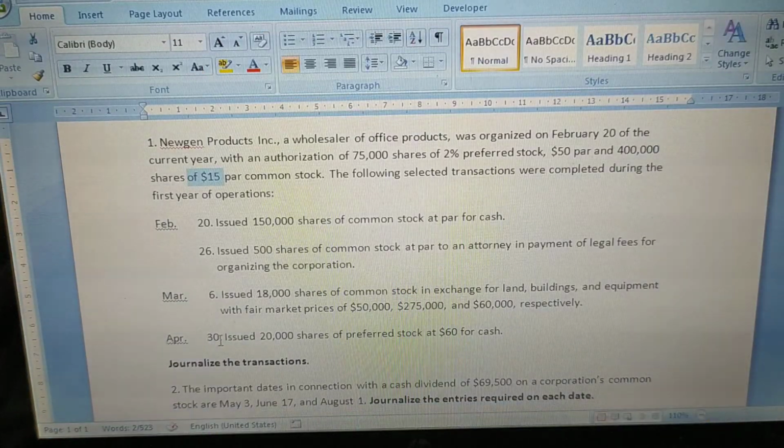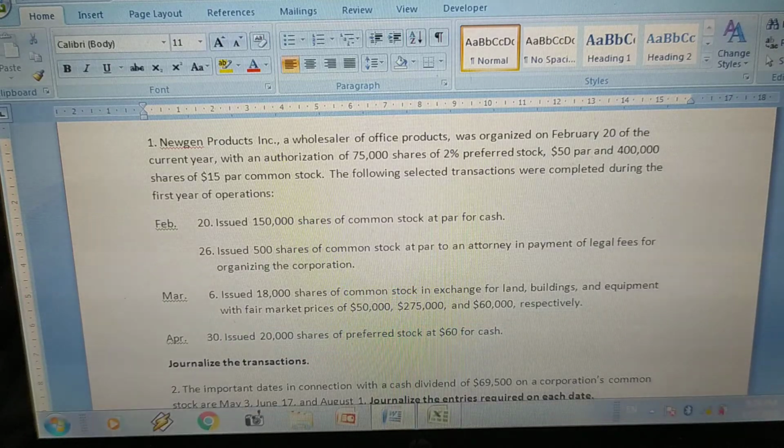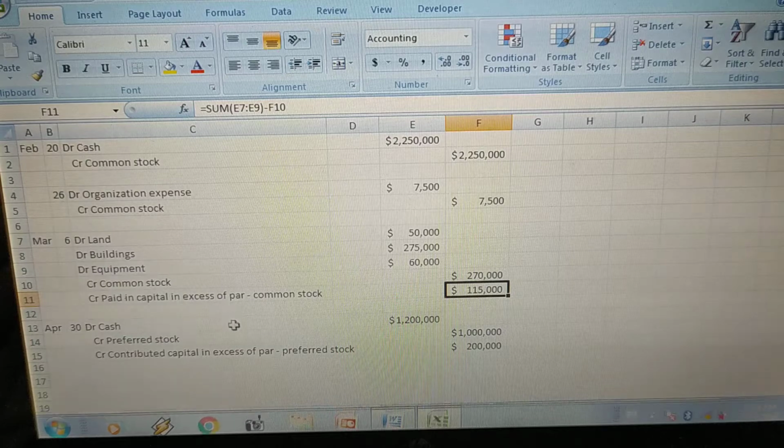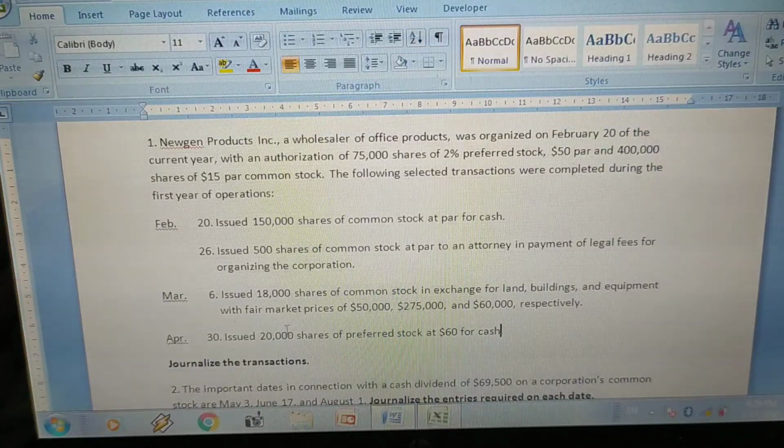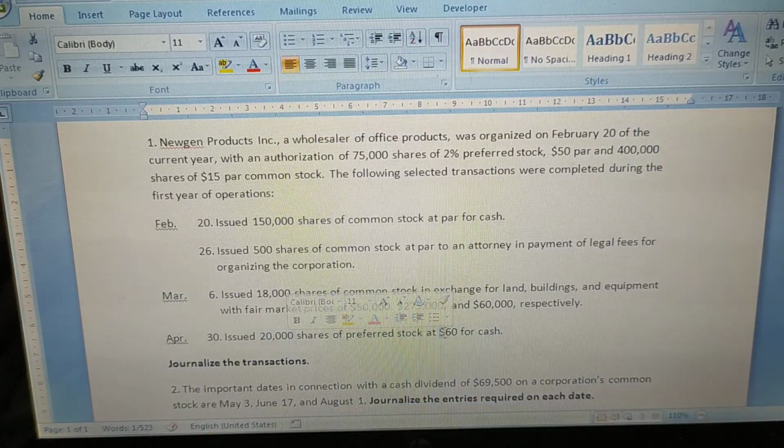Then for April 30th, we issue 20,000 shares of preferred stock at $60 for cash. Again for cash we debit it, and then we always take 20,000 times the market value.